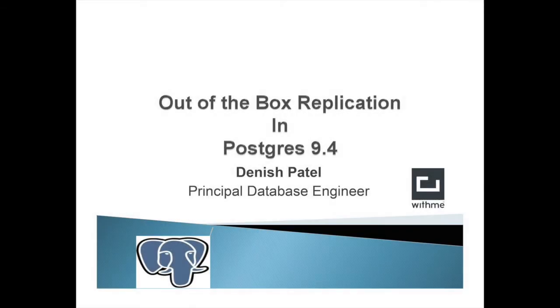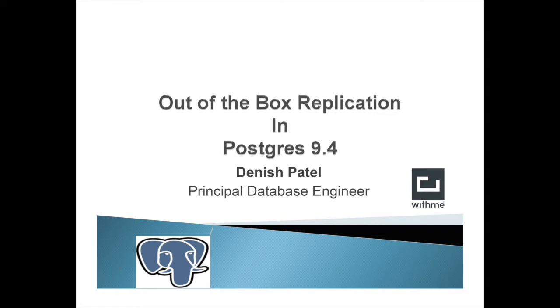Today I am going to talk about out-of-the-box replication. If you have used Postgres for a number of years, you must have used at least one or two tools outside of Postgres to set up a replication system, like primary and secondary or cascading secondary replication.